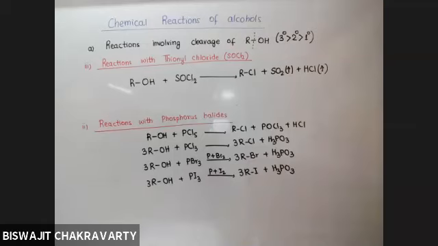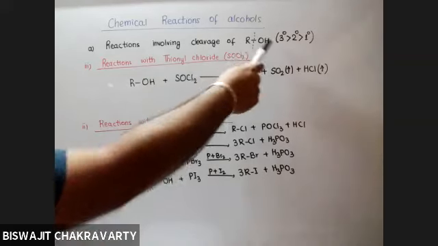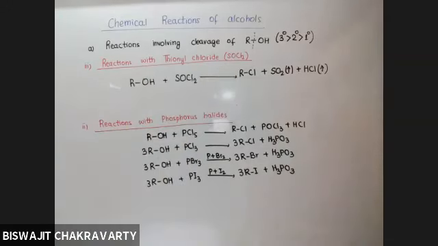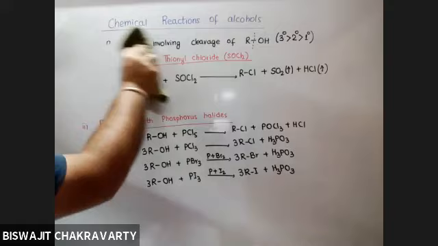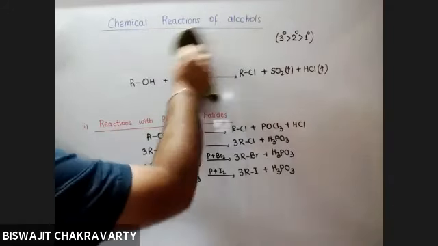In all these reactions, which alcohol do you think reacts the fastest? Three degree, because all those reactions where the cleavage is occurring between carbon and oxygen, the reactivity order is 3 degree greater than 2 degree greater than 1 degree. Okay, clear?